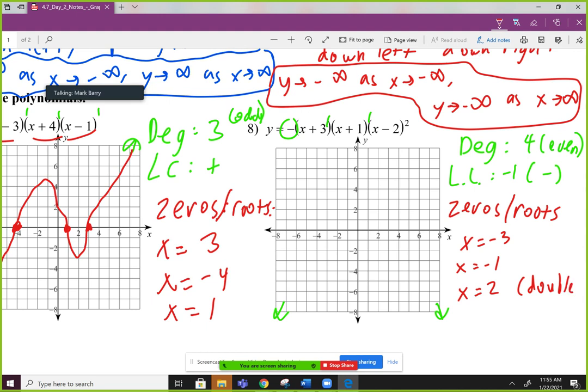Why is it a double root? Because it's squared, okay? Now that's actually significant because that's actually going to bounce. Doubles always bounce, okay? So I'll show you what that looks like.